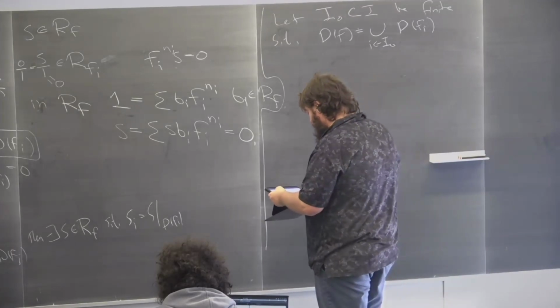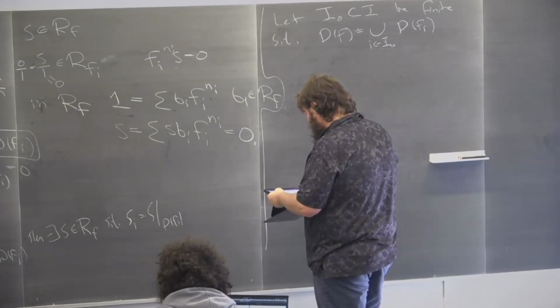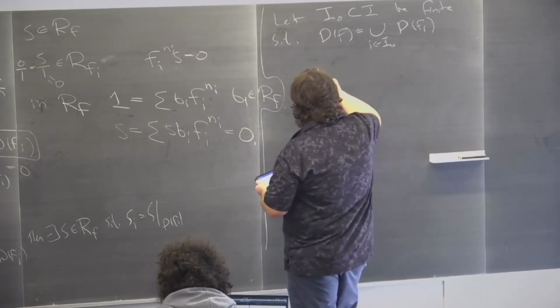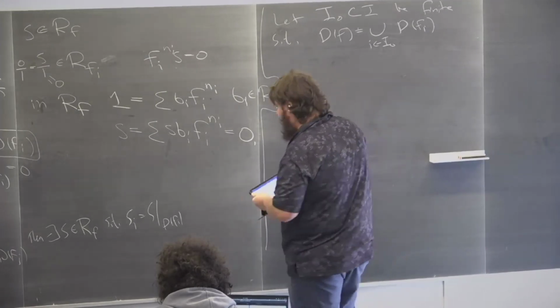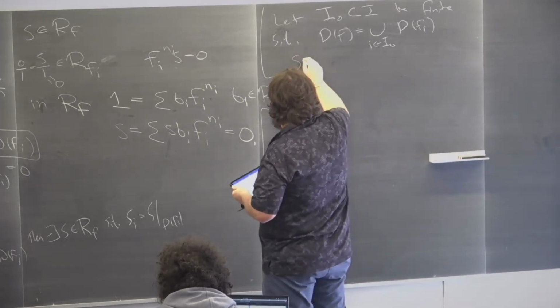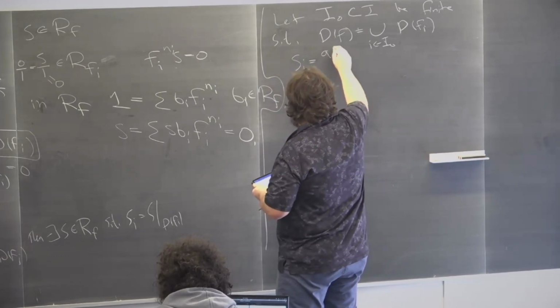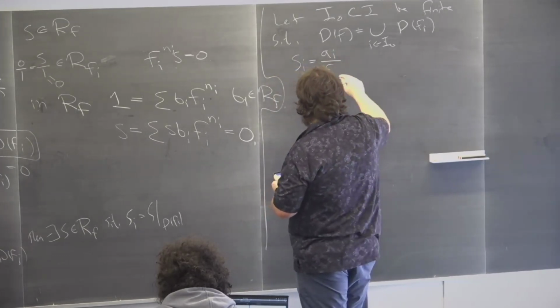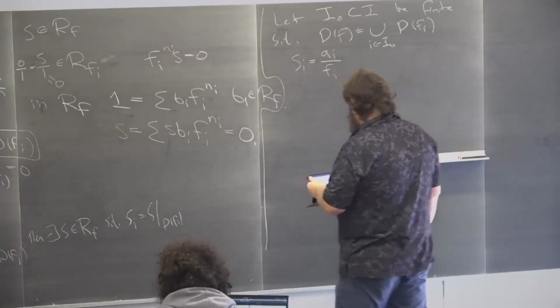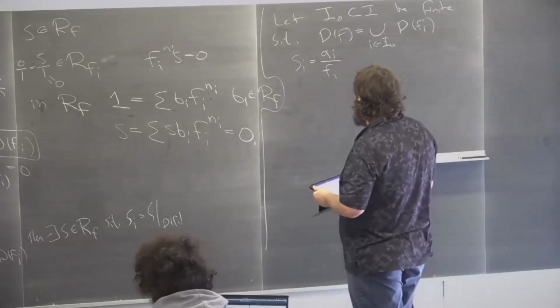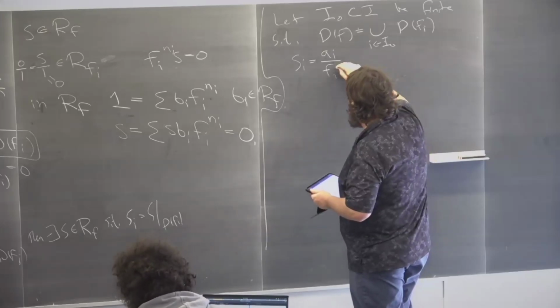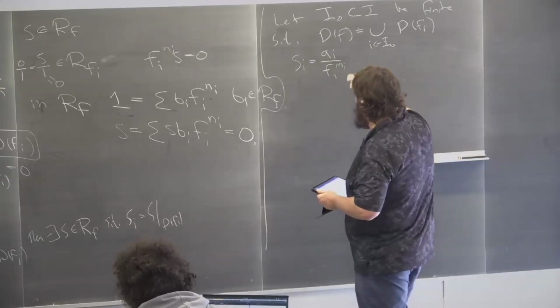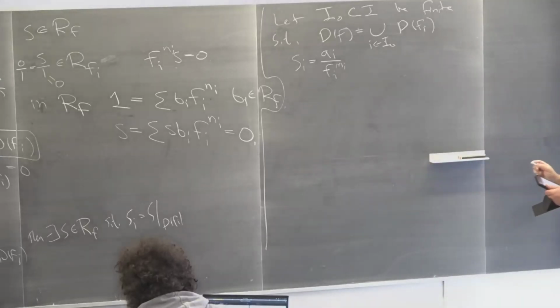All right. So I end up with this kind of complicated thing where I say, okay, I let my SI be AI divided by FI. Now, in general, I should be putting an exponent MI here.